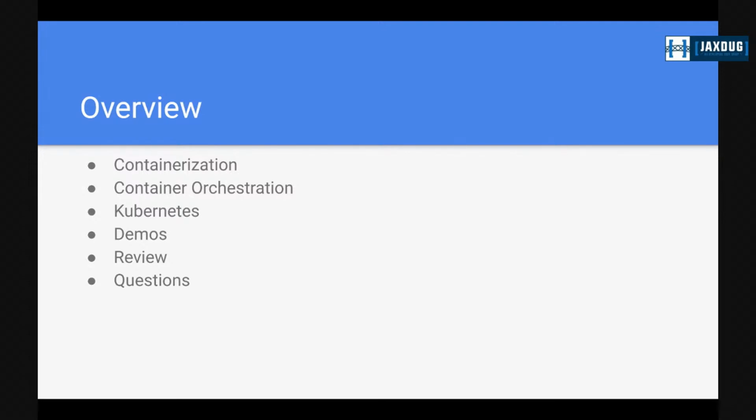Specifically, we'll talk about Kubernetes. I'll go into some demos on using Kubernetes and different ways you can take advantage of it to deploy your application, even if you just want to deploy to a test environment and keep your traditional systems in place for your production deployments. And then we'll be open to questions.